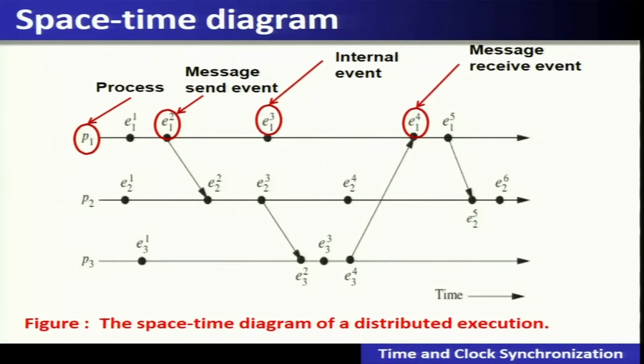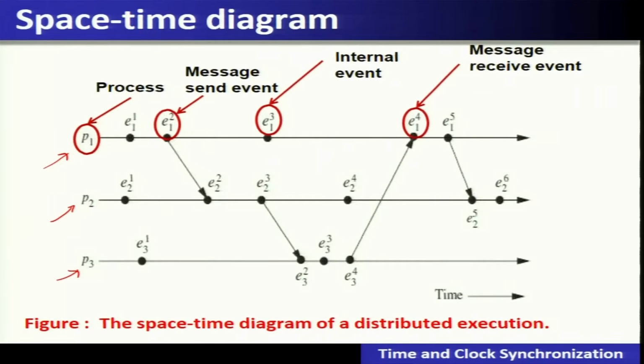This is a time and space diagram of a distributed execution. Here, let us say that there are 3 different processes. You can think of 3 different IoT devices running these processes, where there are events happening within that particular process or IoT system, that is E1, E2, E3 and so on of process 1.